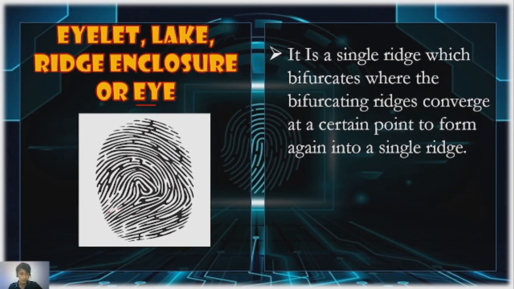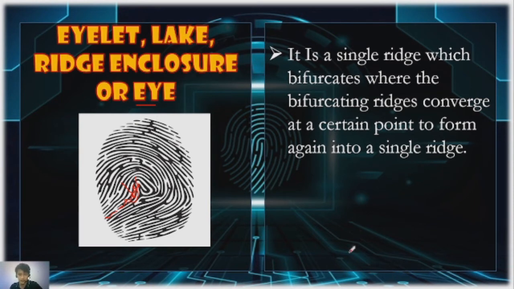It starts from here, and then it stops. However, it is fragmented, and then it continues, and then it separates, or it bifurcates in here, and suddenly they converge, and with that they were able to form an enclosure or a lake, or what we so-called lake, islet, ridge enclosure, or eye.